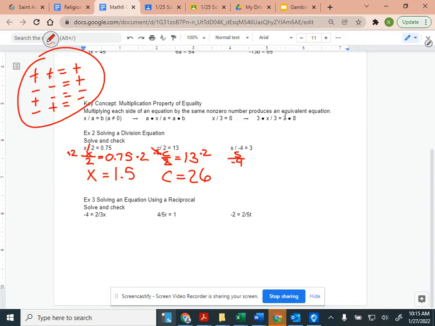Let's look at our next one. S over negative 4 equals 3. What am I going to do? Zoe, you can multiply. Multiply by what? You're right, I am multiplying because there's that dividing fraction bar. What am I multiplying by?